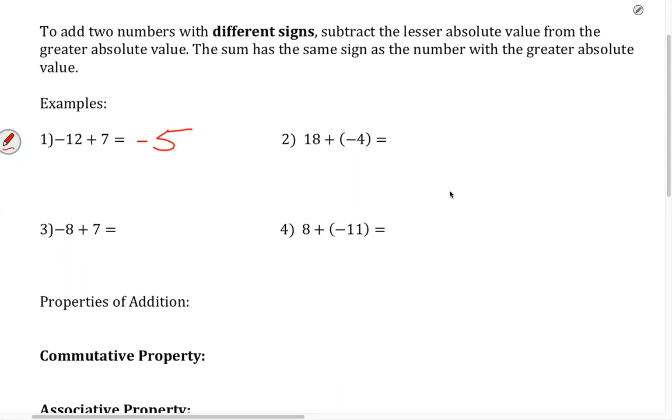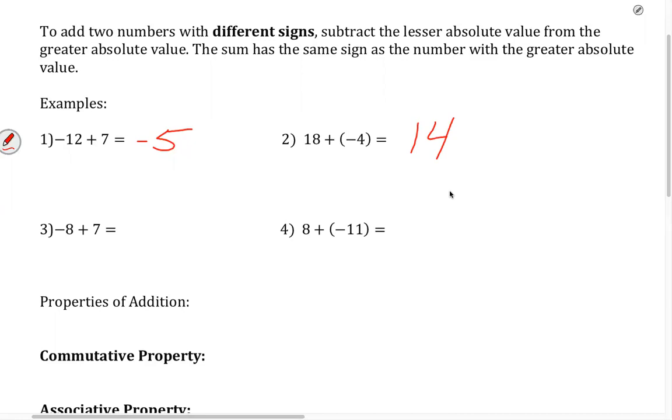If you had $18 and then you spent $4, how much do you have? $14. Gosh, we're getting it.